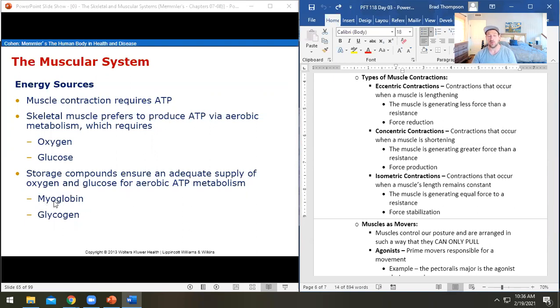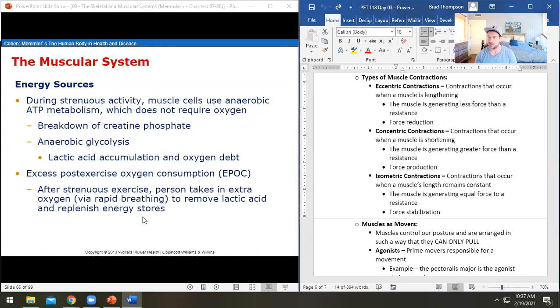It'll store oxygen in the form of myoglobin inside of your muscles, right? That's similar to hemoglobin, except that it's the muscle version of hemoglobin. And then glycogen, which is the storage form of carbohydrates inside of all of your muscles. There are some starchy carbs stored in your liver, but mainly they're stored within your muscles.